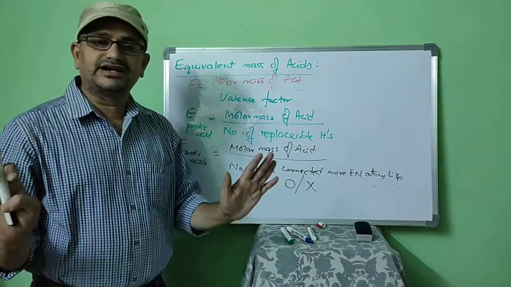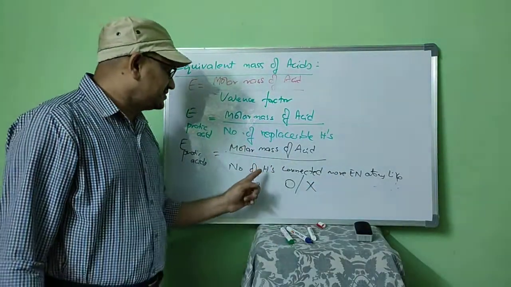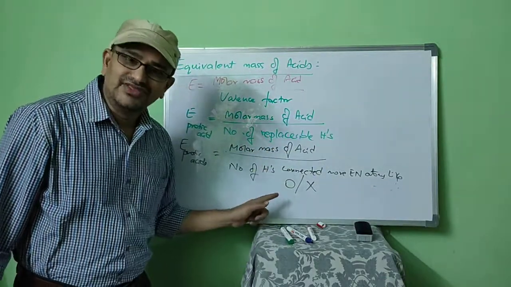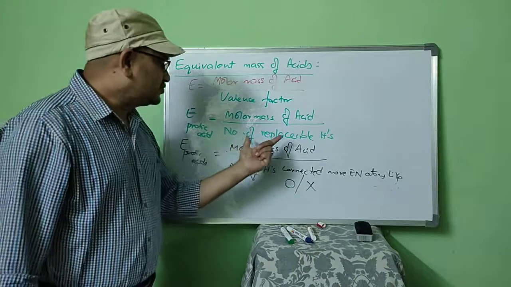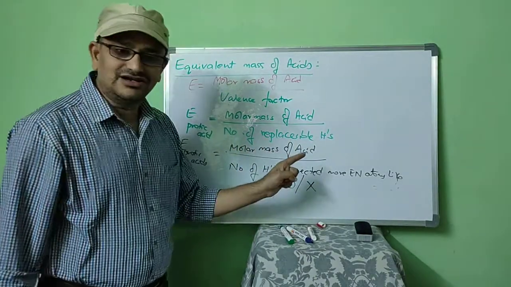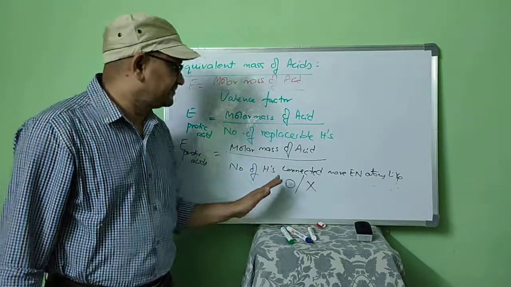There is no other electronegative atom considered here. Hydrogen, to be called replaceable, should be connected to either oxygen or halogens. Make a note of this point.